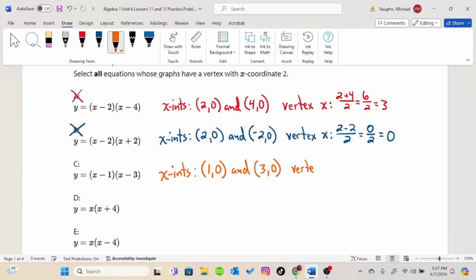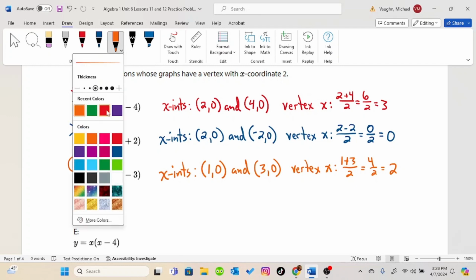The vertex x is halfway between 1 and 3, which is 2, and that's what we're looking for. So choice C is a correct answer.